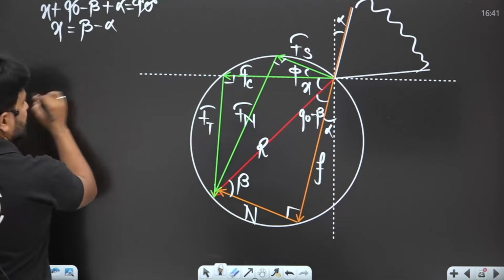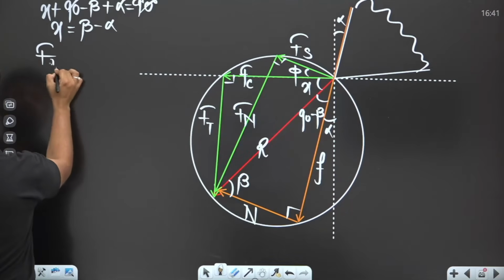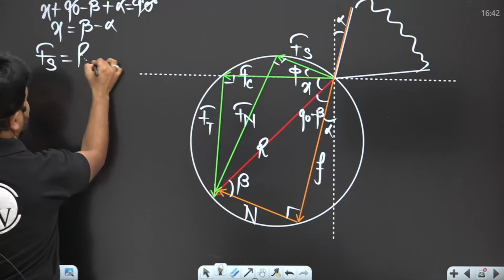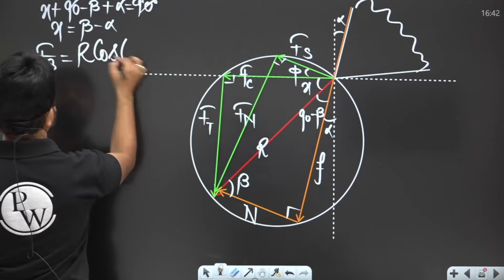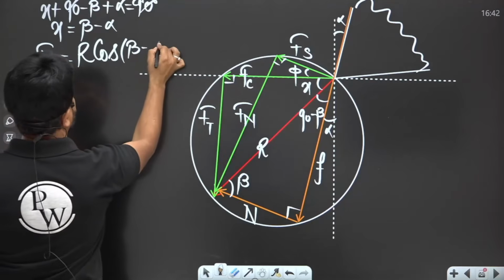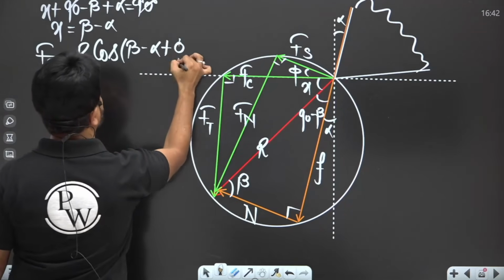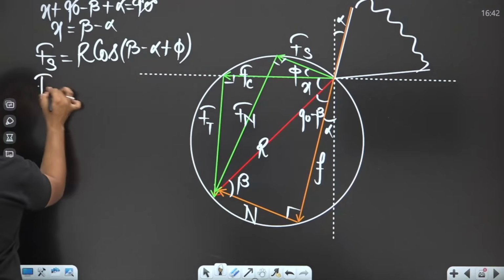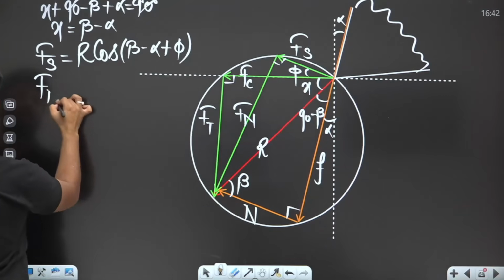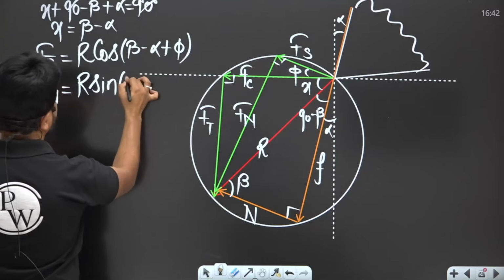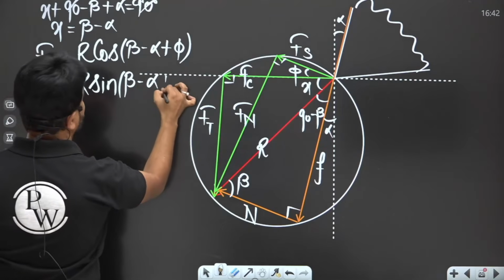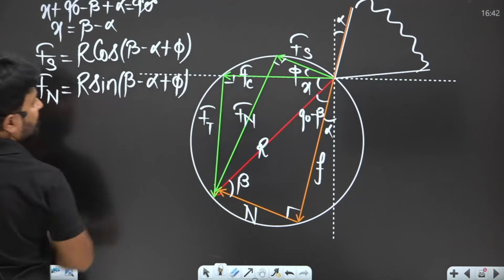It is very simple. See the value of Fs, that is R cos, where the angle is beta minus alpha plus phi, right? Now Fn is R sine, beta minus alpha plus phi, right?